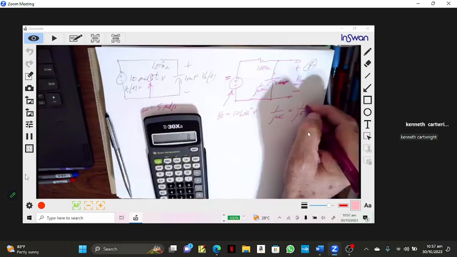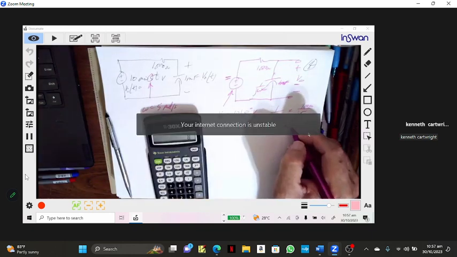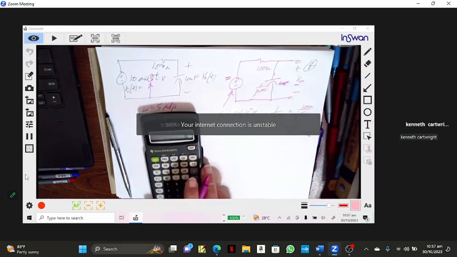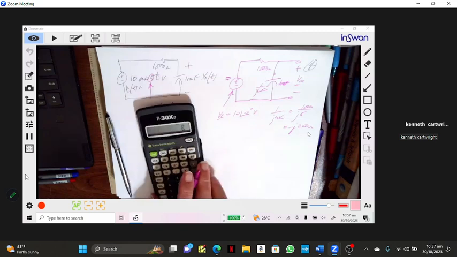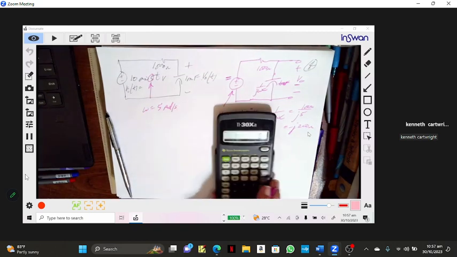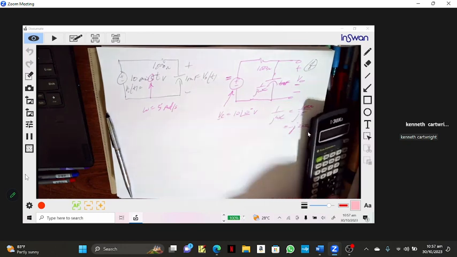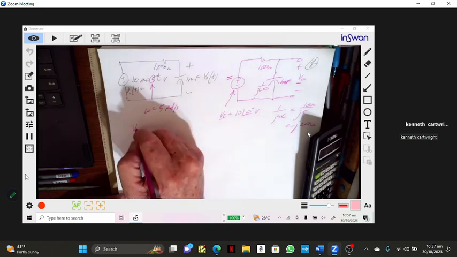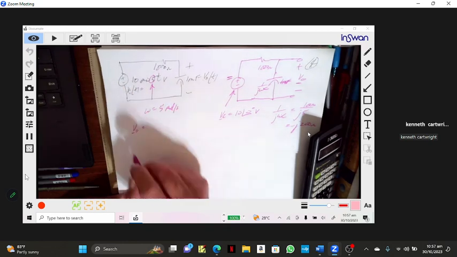So this is negative j, 1,000 divided by 5. It's 200, I think. Negative j200. Therefore, what is V out phasor? Look at this diagram. What's V out phasor equal to?